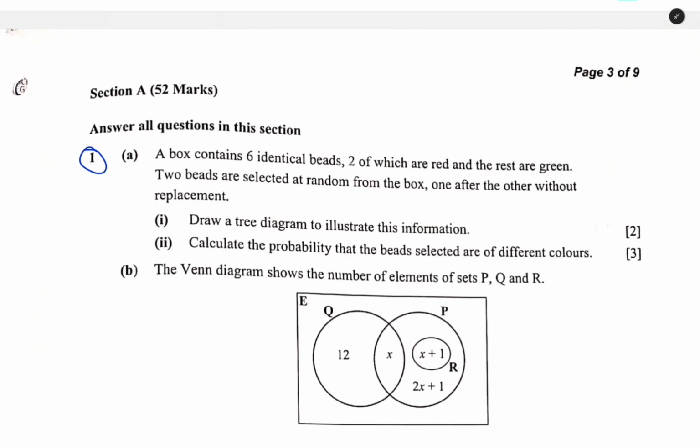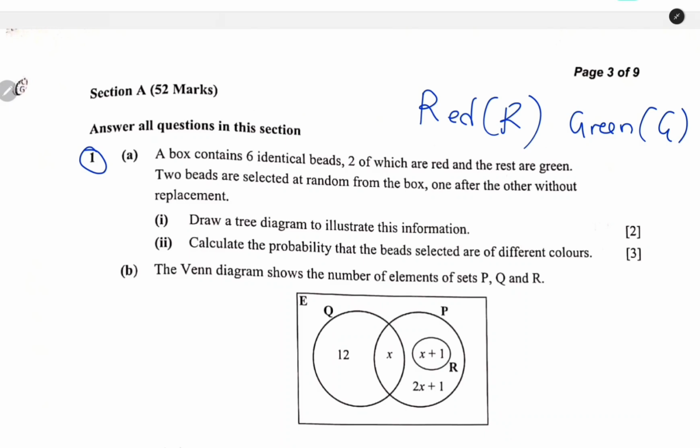Okay, a box contains 6 identical beads, 2 of which are red and the rest are green. Which means this box contained identical beads of 2 colors. So we have red, and we are going to use R for red, and green, we are going to use G for green.